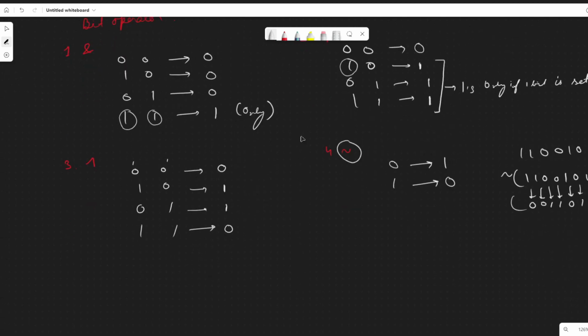Now we will see more operators. The fifth operator is left shift. The sixth operator is right shift. So what is meant by left shift? Basically, left shift moves all the bits to the left. Suppose we take an example 1 1 1 0 1 1 0 1.